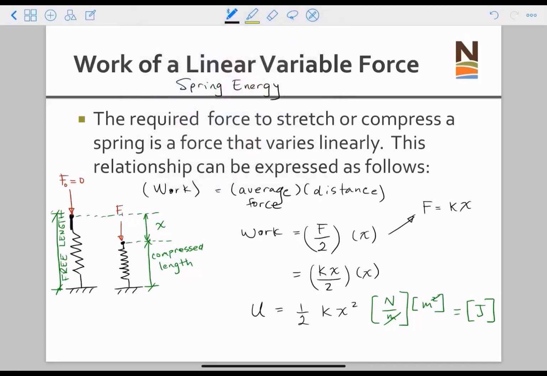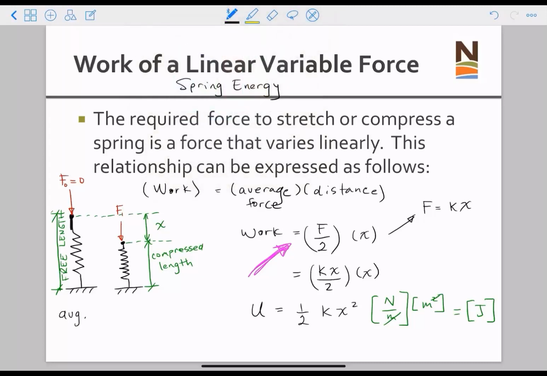And now, when we are looking at the average force, remember average force right over here? I said that was F over 2, and that might not have made a whole lot of sense to start. Why is it F over 2?